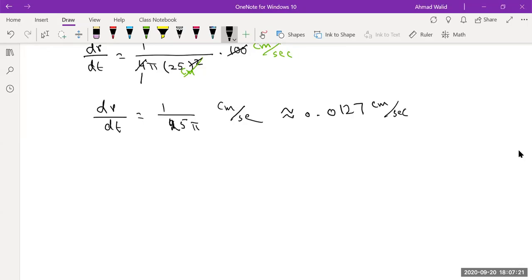It means the radius is changing 0.0127 centimeter per second. Each second, the radius is increasing by that much. That's the meaning of this problem, correct? Later, when we get from differentiation to integrals, right now we are interested in the rate of change, but with integrals we are interested in the value, how much.